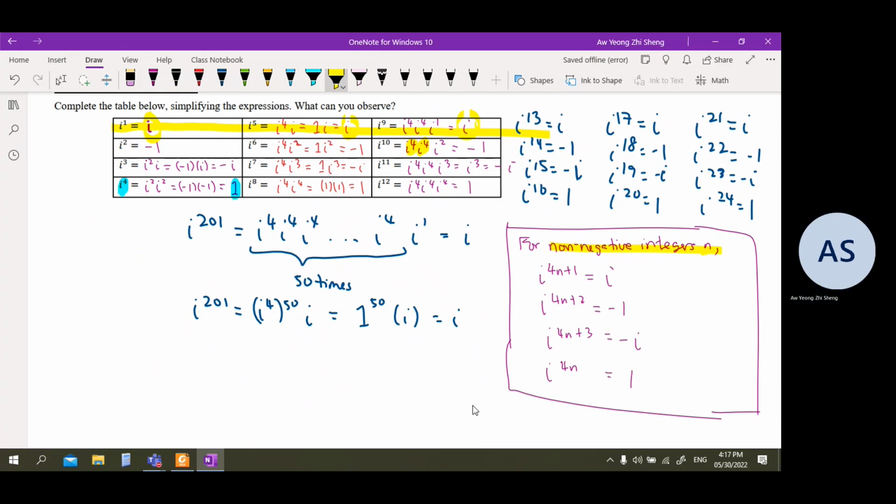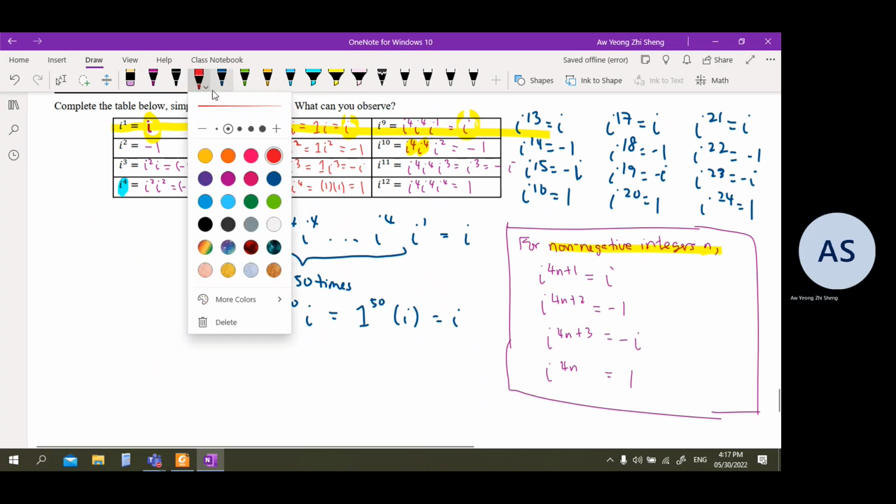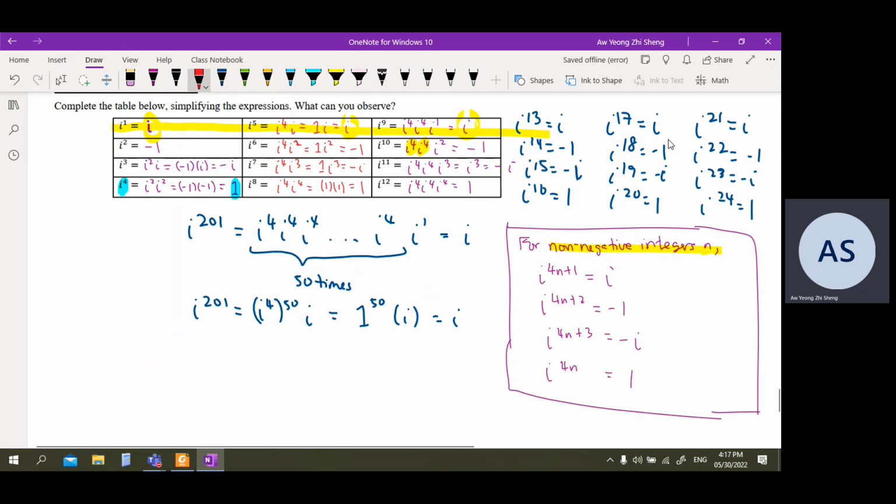There's also another way to interpret the result that we have here. You notice that as we increase the power of i by 1, the answer that we get will be i followed by -1 followed by -i followed by 1. And when you increase the power by another 1, going from i power 4 to i power 5, the cycle repeats.